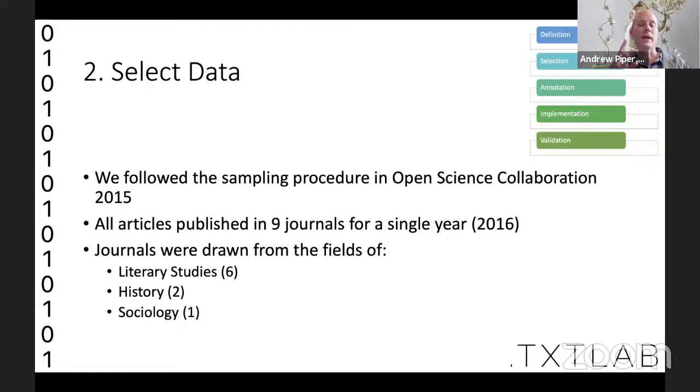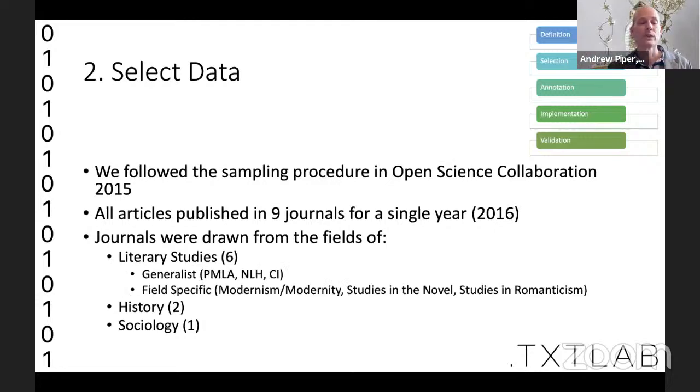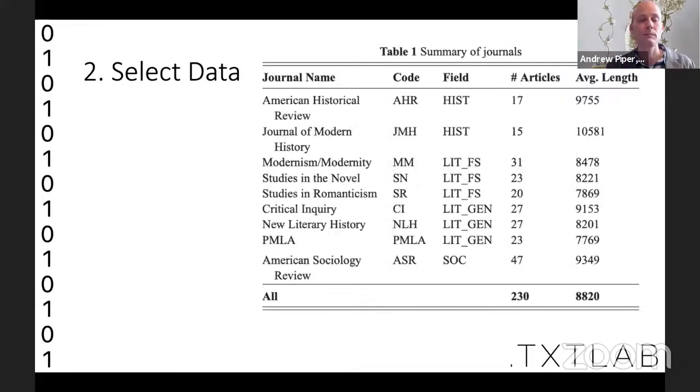And we balanced our articles in the following way. That is to say, we took 3 from one category of literary studies, 3 from another category of literary studies, 2 history, and 1 sociology. In other words, we had a 3-3-3 kind of model of literary studies broken down into 2 subcategories, and then not literary studies broken down between history and sociology.